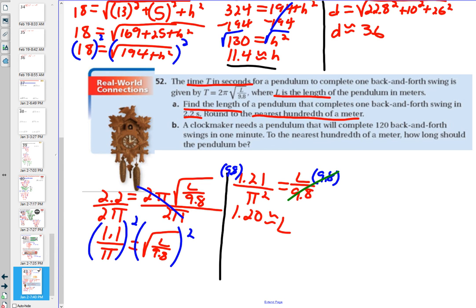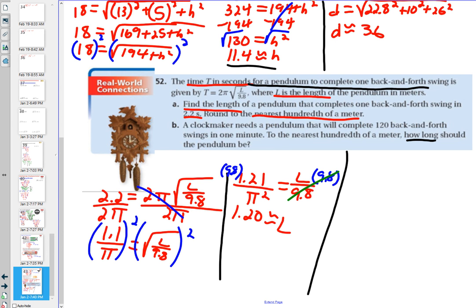But now let's see part B. A clockmaker needs a pendulum to complete 120 back and forth swings in 1 minute. To the nearest hundredth of a meter, how long should it be? Okay, so we're looking for length again. We want to solve for L, but T is supposed to be seconds for one back and forth swing. Now we're talking about 120 back and forth swings.